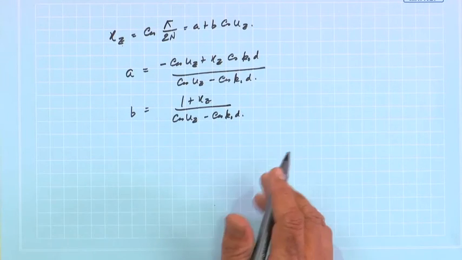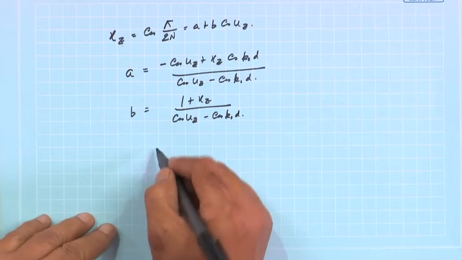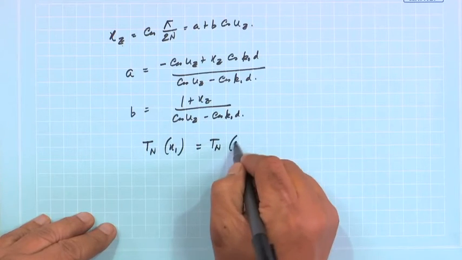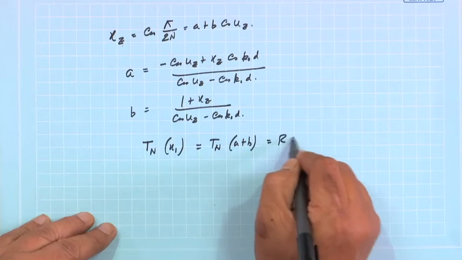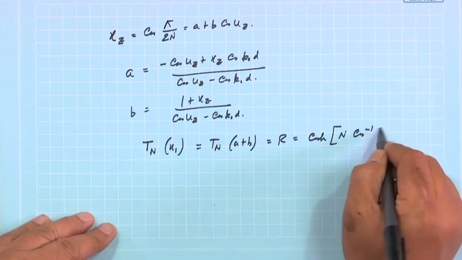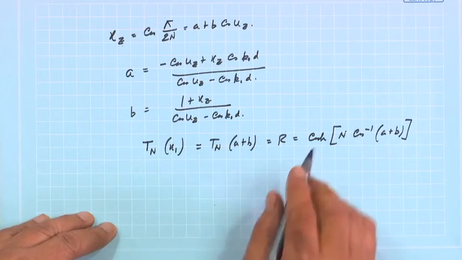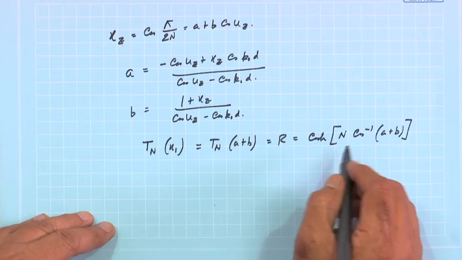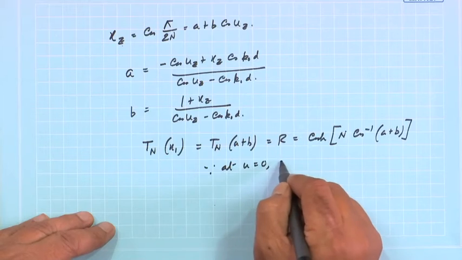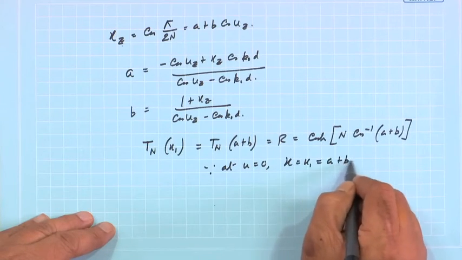The beam maximum to side lobe level ratio R can be found from Tn x 1 is equal to Tn a plus b is equal to R is equal to cos hyperbolic n cos hyperbolic a plus b, since at u is equal to 0 we have x is equal to x 1 is equal to a plus b.